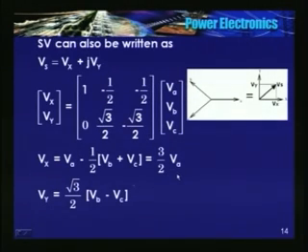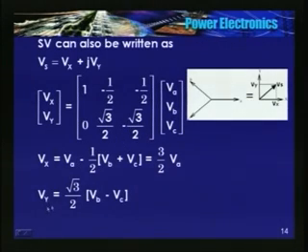Okay. And what is Vy? The y axis component. Y axis component of A phase is 0, B phase is sin 120, that is root 3/2, and C phase is sin 240, that is minus root 3/2.